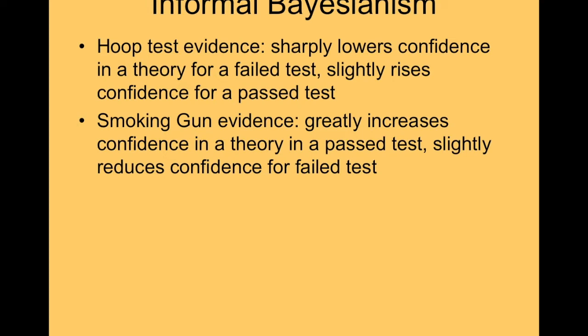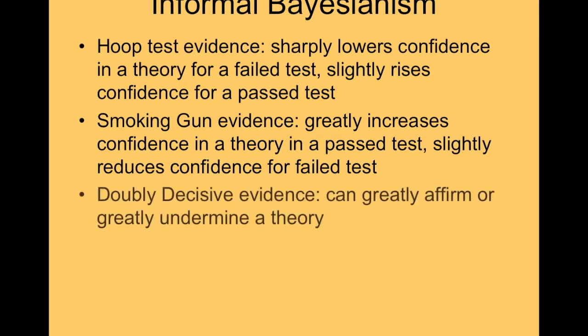So a hoop test is asymmetrical. If you fail, it greatly decreases your confidence in the theory. If you pass, it doesn't greatly increase your confidence. A smoking gun test, if you pass, it greatly increases your confidence in that explanation. If you fail, it does not greatly decrease your confidence.